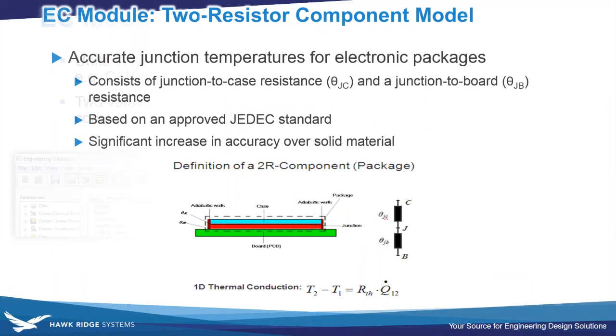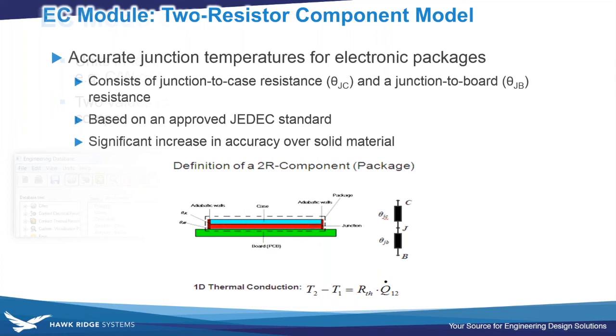The Two-Resistor component model is what we call a one-dimensional network assembly or network relay, which was created and approved by the JEDEC standard to more accurately give you the junction temperature, in other words, the internal temperature of the actual silicon wafer in the chip, based on 2 simple numbers which describe what the other materials in the component look like.